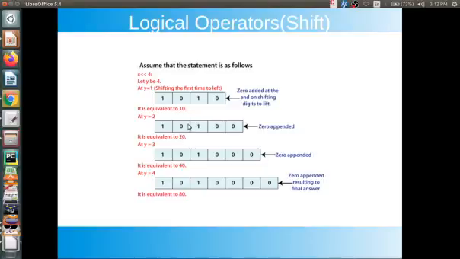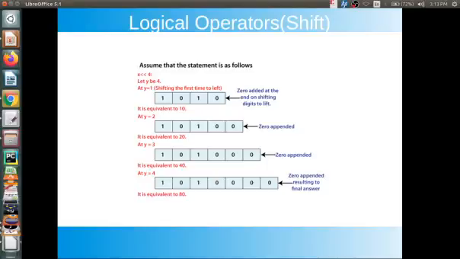So each time I shift the bits to the left, I am multiplying by 2. Each time I apply the shift operator one time, the value is multiplied by 2. If the value is 10, the new value will be 20. Shift once again, the new value will be 40. Shift left once again, the new value will be 80.